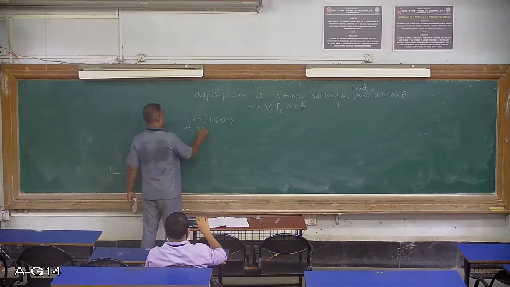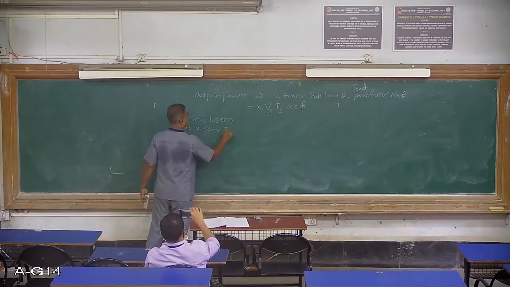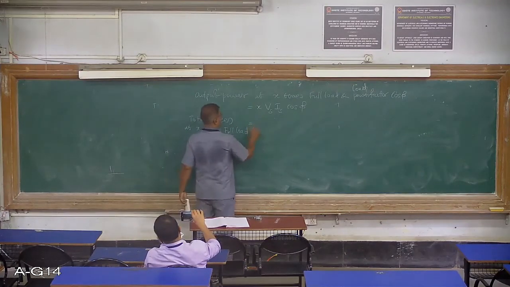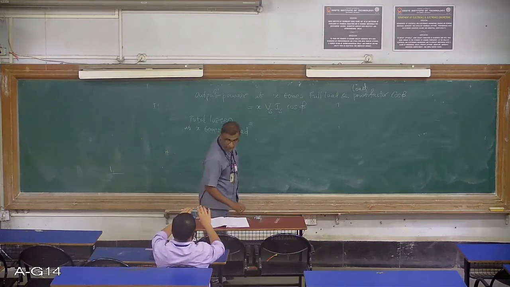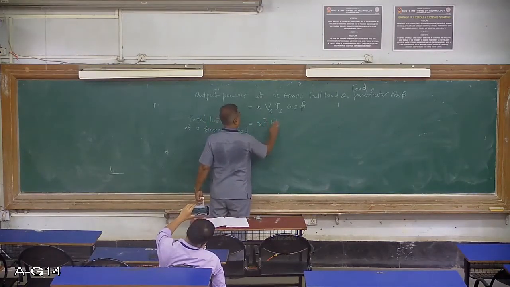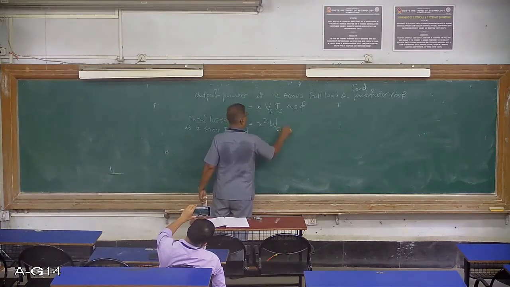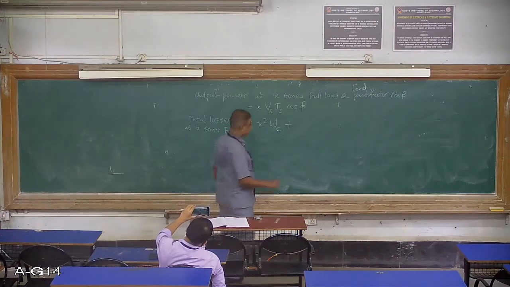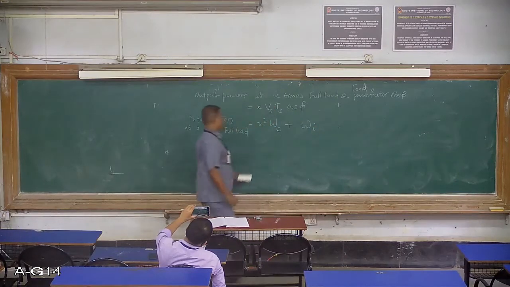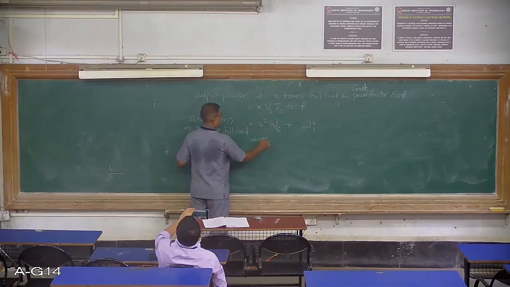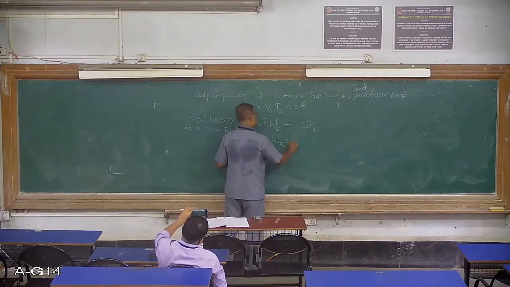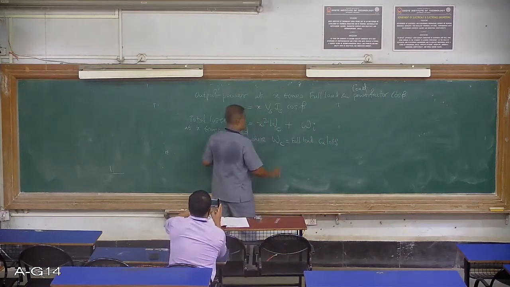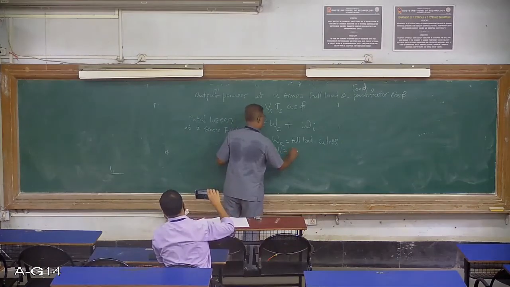Total losses at X times full load. Total losses in a transformer at X times full load is X squared Wc plus iron losses Wi, where Wc is the full load copper loss and Wi is a constant iron loss.